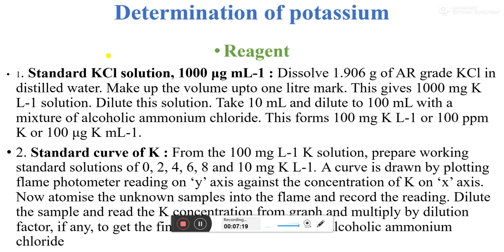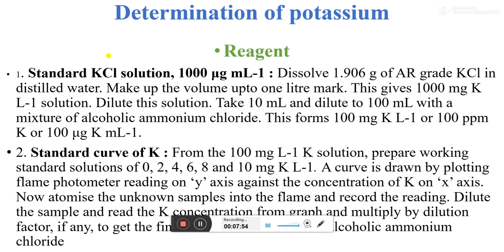It gives us 100 milligram of potassium per liter, which we call 100 ppm potassium, or 100 microgram potassium per ml.